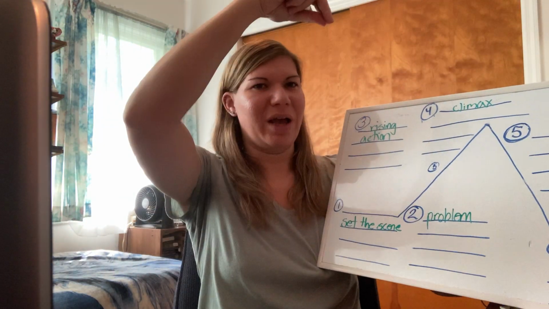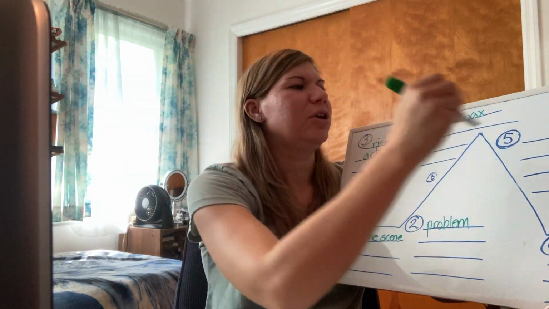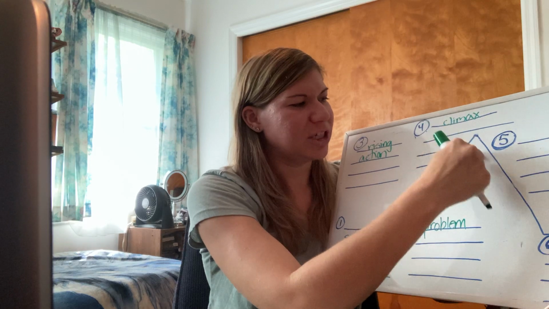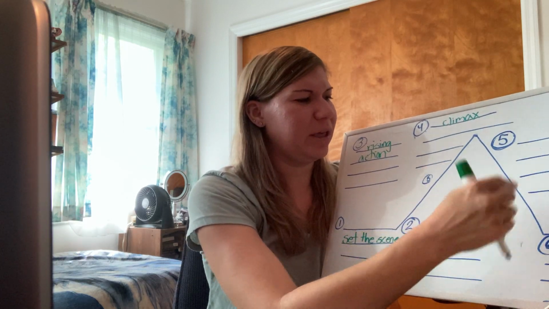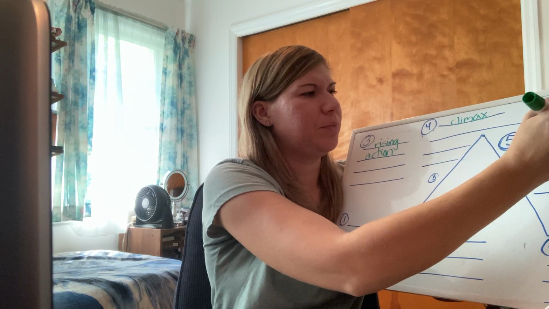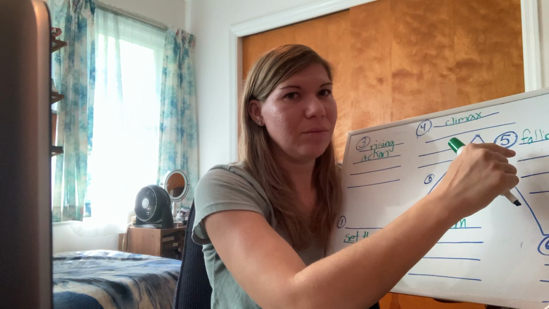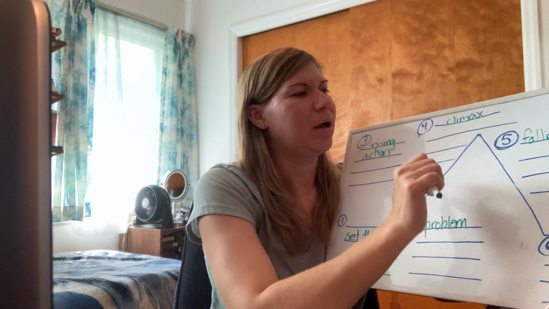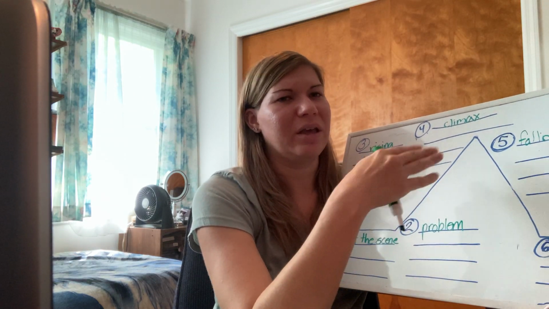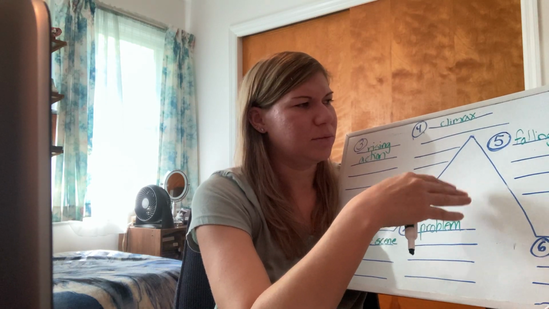And then after you have where everything exciting happens and you know what your story's been reaching towards, your action kind of starts going down again, or it's falling. So this is your falling action. And with your falling action, since it's going down, that's kind of where everything is coming to an end.